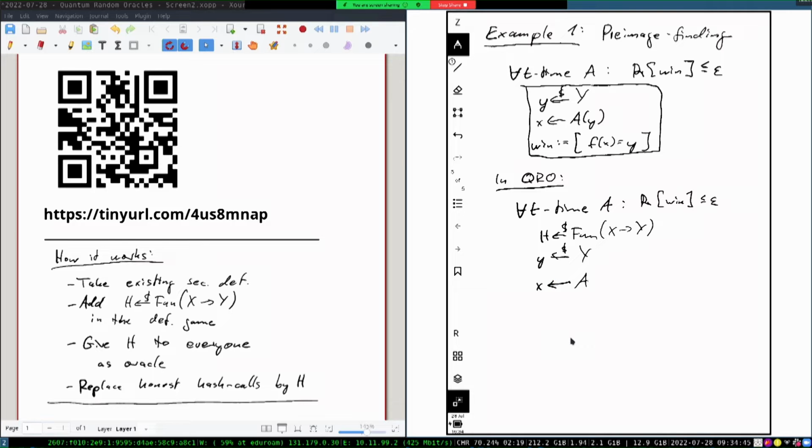Then we run the adversary on y, but now the adversary has to get h oracle access, so we give it as a quantum oracle, and we say we win if, for simplicity, the function we are looking at is not something built from the random oracle, it's just the random oracle itself, just to have a simpler example. So we might say we win if h of x is y.